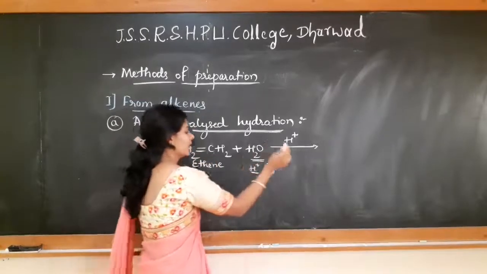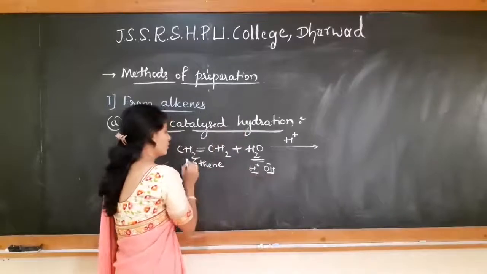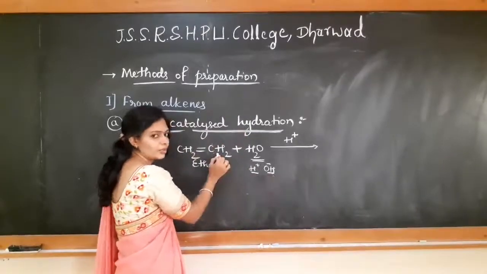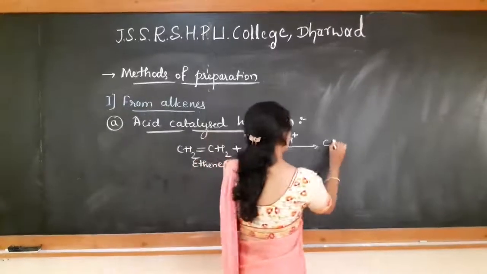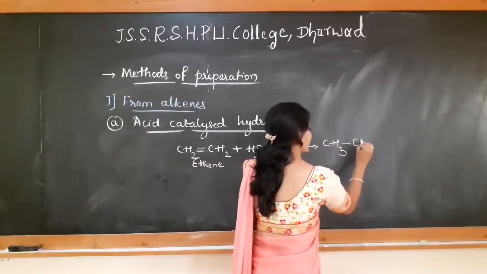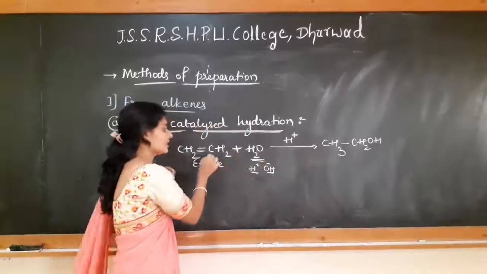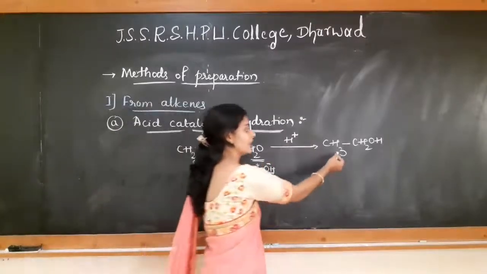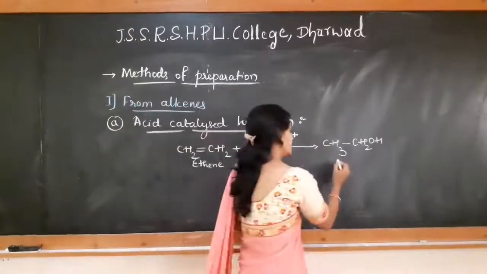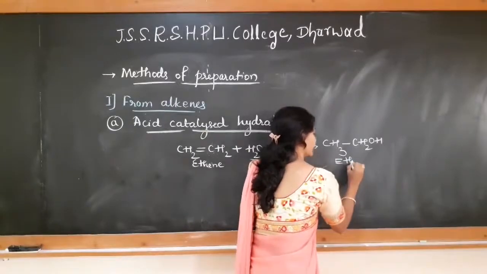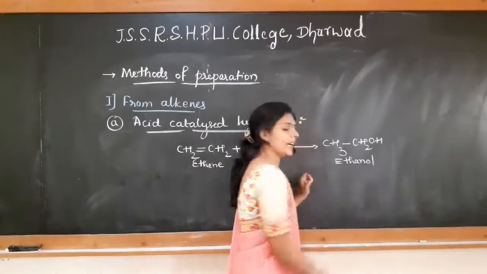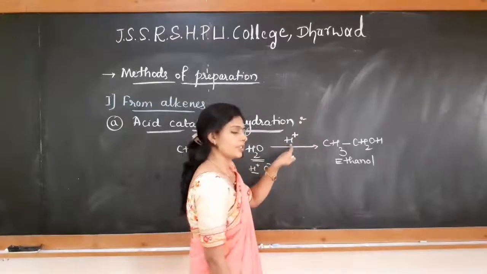Here H goes to one carbon, the OH part goes to the other carbon. So we can write CH3CH2OH. Like this, water is added to the alkene so that we get alcohol as a product, and here we get ethanol. Ethyl alcohol is formed in presence of acid.